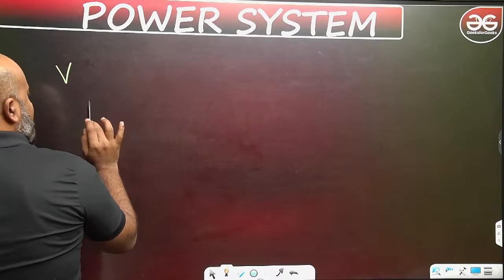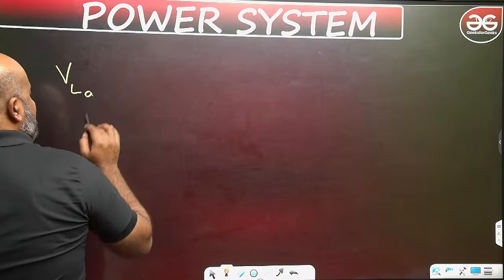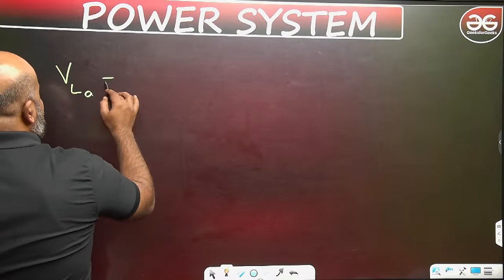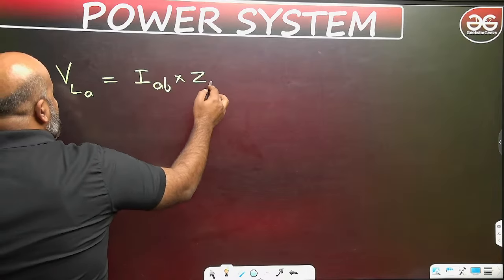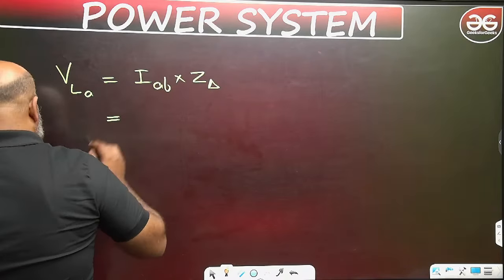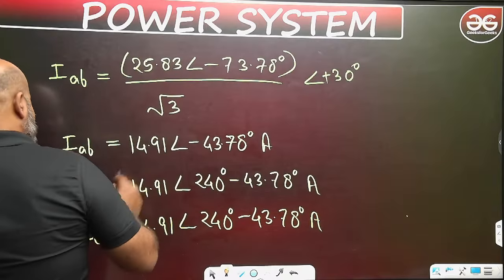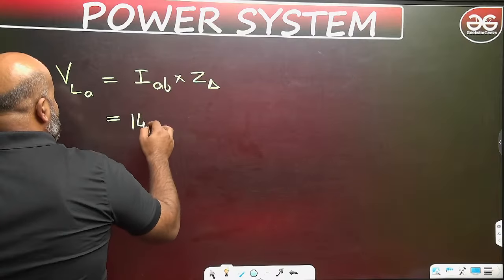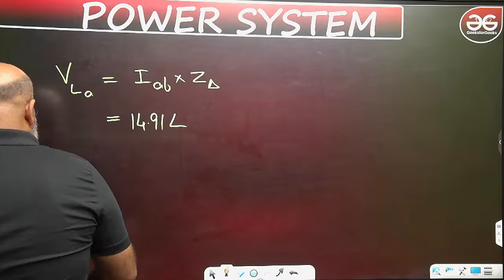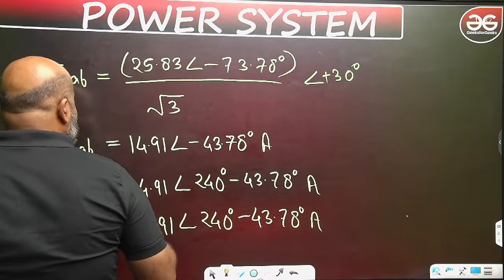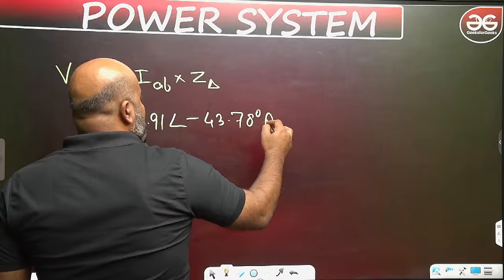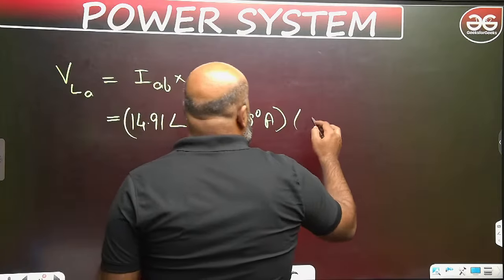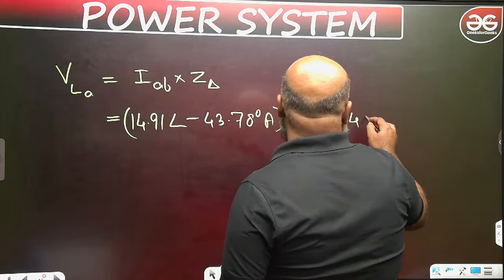So, terminal voltage, if you are writing at the load side for A phase, it is going to be IAB into Z delta. What is IAB? 14.91 angle minus 43.78, and multiply with this 30 angle 40.